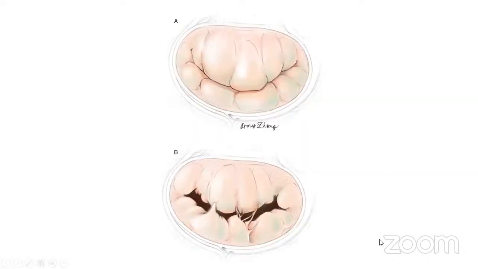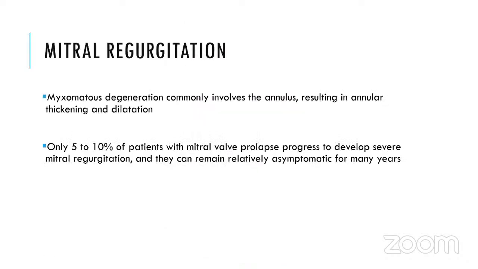As you can see here, this is a picture of myxomatous or degenerative mitral valve. This here shows a prolapse of the P2 segment of the posterior mitral leaflet. So myxomatous degeneration commonly involves the annulus, resulting in annular thickening or dilatation.